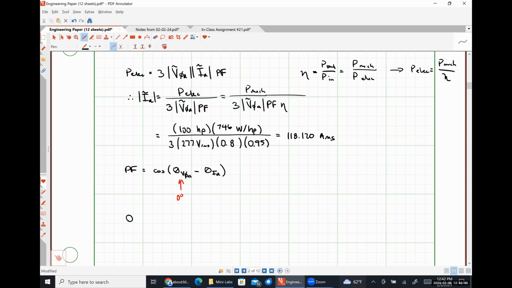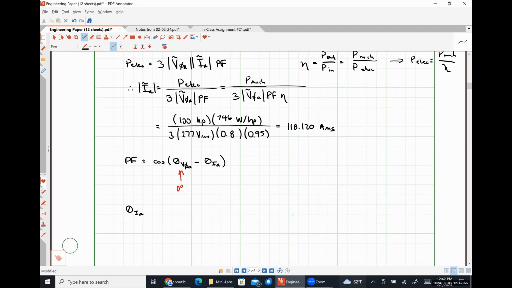So using this, theta IA is going to be negative the inverse cosine of negative IA. Excuse me, sorry.